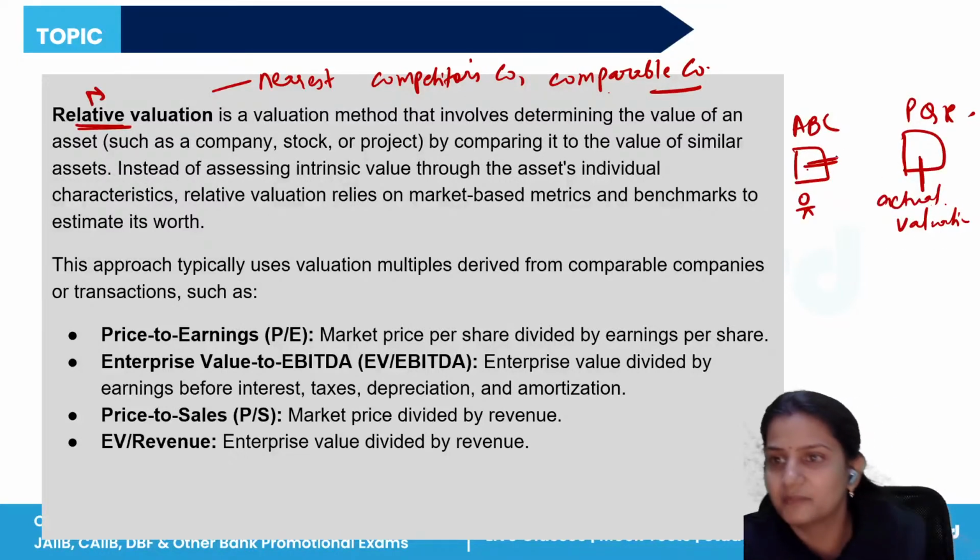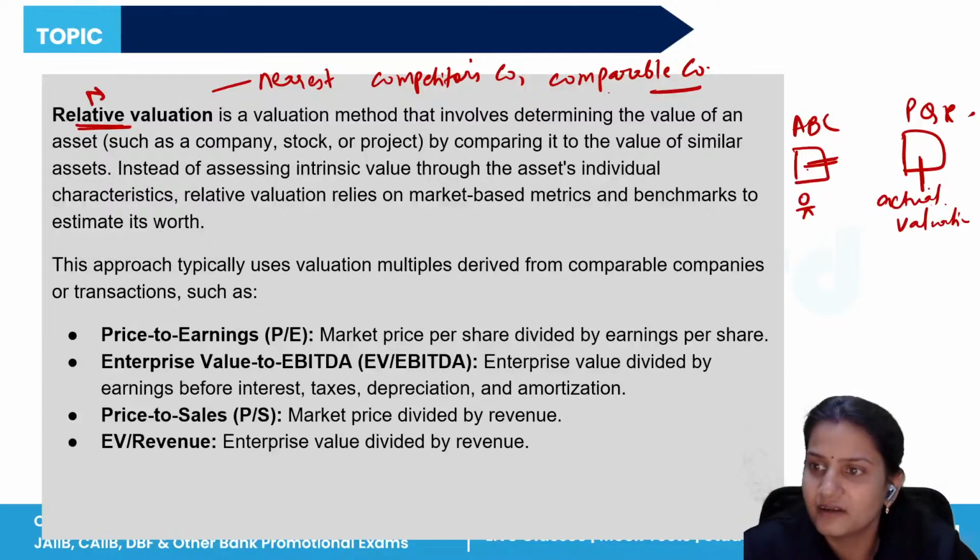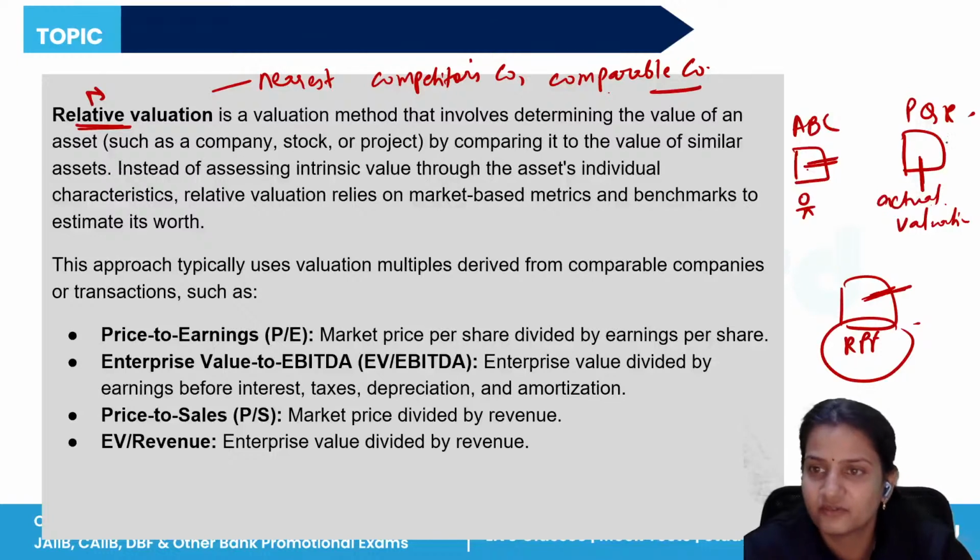In this case, ABC company will compare the value of this company with another company. Let's take an example, RPF company. If this company is also the same, both in working scenario, a loss bearing company, everything is the same.